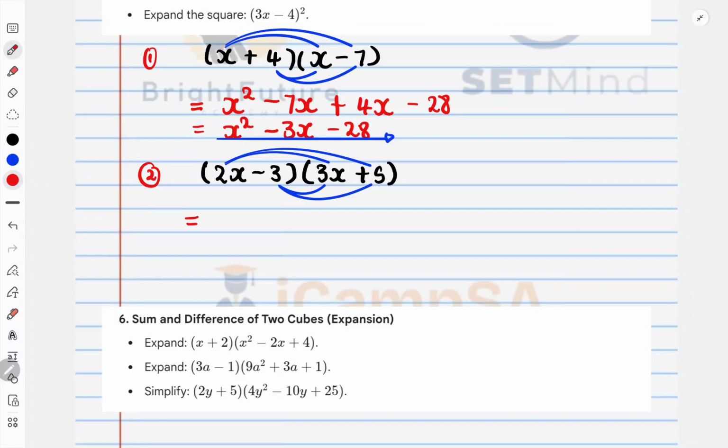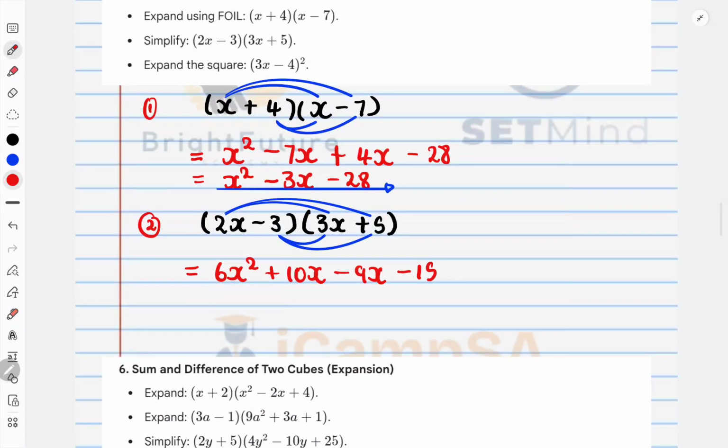Okay, let's do the multiplication. 2x multiplied by 3x will be 6x squared. 2x multiplied by 5 is plus 10x. Minus 3 multiplied by 3x will be negative 9x, and then last term and last term, which is minus 3 multiplied by 5, would be minus 15.